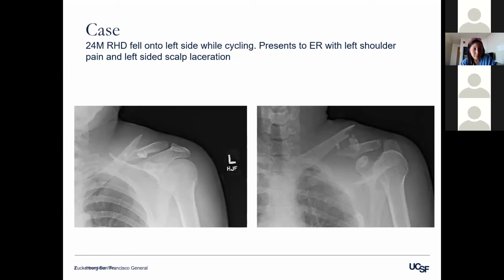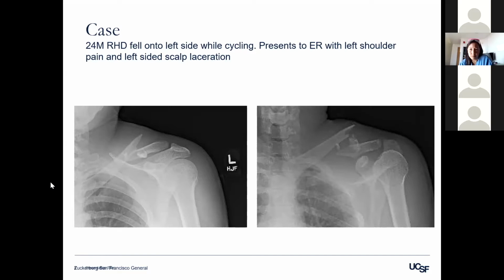Yeah, so this is an AP of the clavicle in a skeletally mature individual, and it looks like there's a mid-shaft fracture of the clavicle with some comminution. Some of the things I'm looking for are any signs of skin tenting. It actually looks like the x-ray on the right has a little bit more, like the bone is pushing up on the skin, but it doesn't look like it's open.